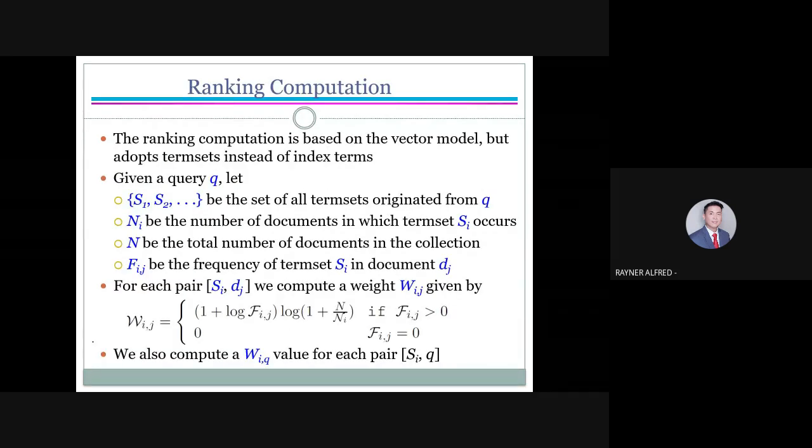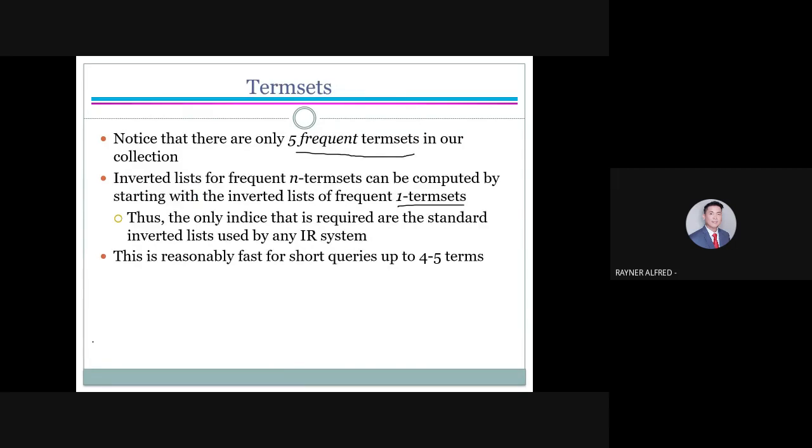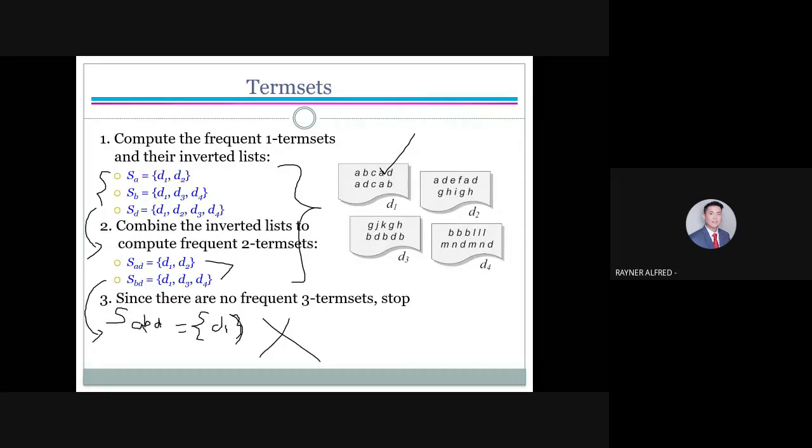Okay, now, because just now we defined what a term set is and also what a frequent term set is, what we want to do is perform the ranking.